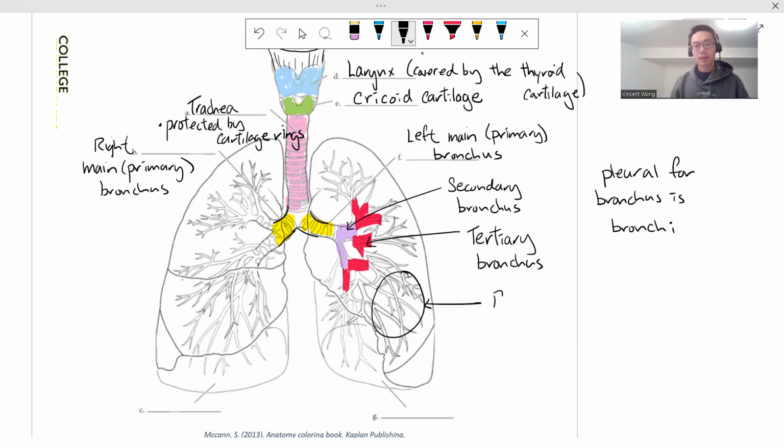Then we call them bronchioles. Okay. Plural. Singular is bronchiole, but this is bronchioles. So typically very small in diameter.